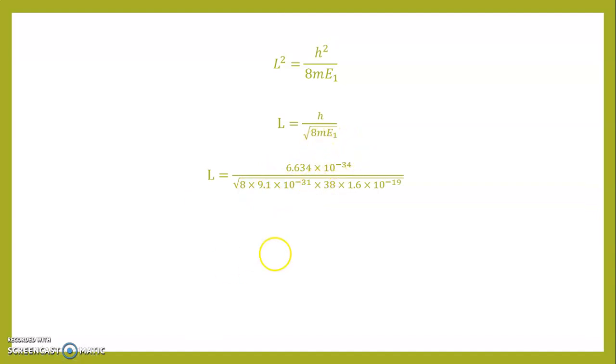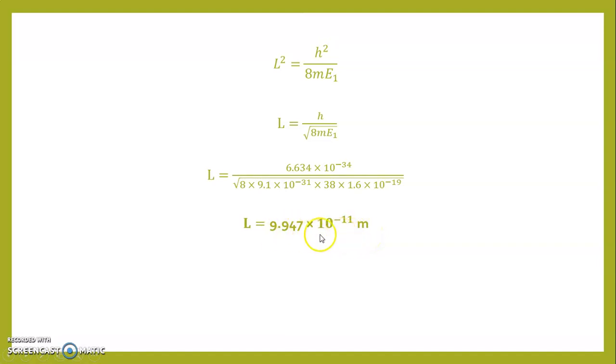Then E1, which is given as 38 electron volt, so we put 38 into 1.6 into 10 raised to minus 19. If you solve this, you will get the value of L, which is 9.947 into 10 raised to minus 11 meter.